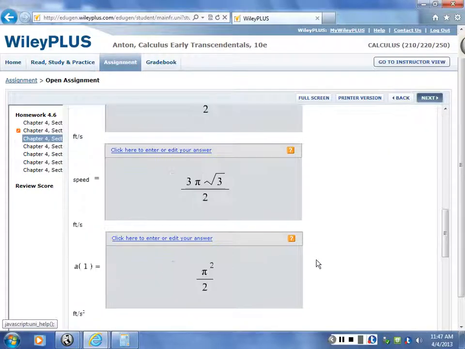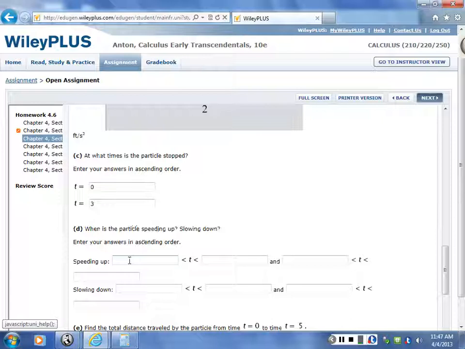So putting that in, speeding up from 0 to 3 over 2. I wonder if I can put it in like that, or if it wants it as 1.5. And 3 to 9 over 2. Slowing down from 3 over 2 to 3, and then 9 over 2 to 5.5.